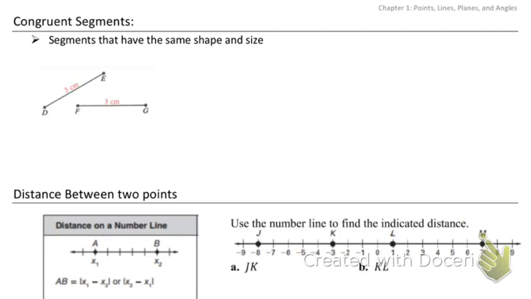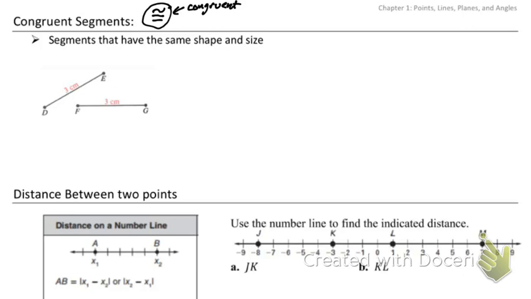All right, moving on. We have congruent segments. A congruent segment is going to be dictated by what's called a congruent symbol. That symbol right there means congruent.